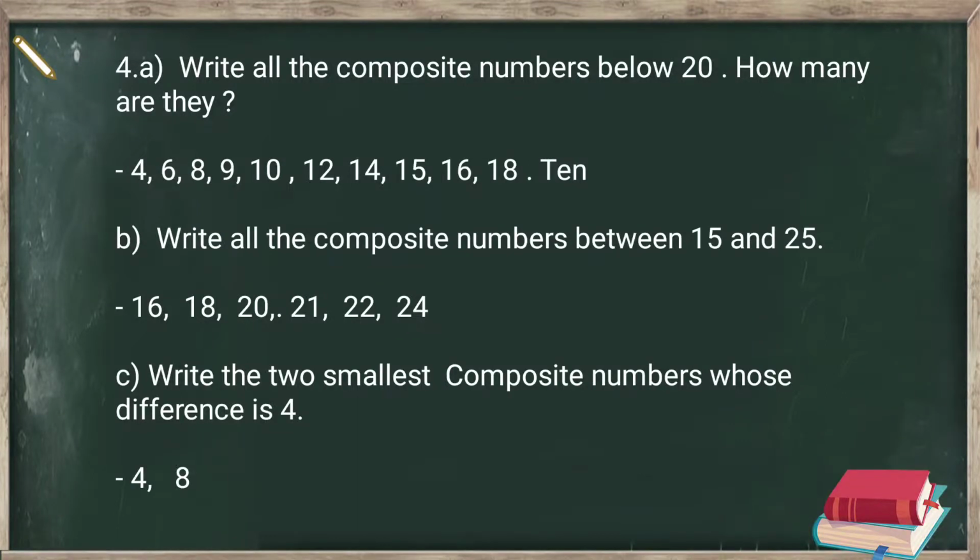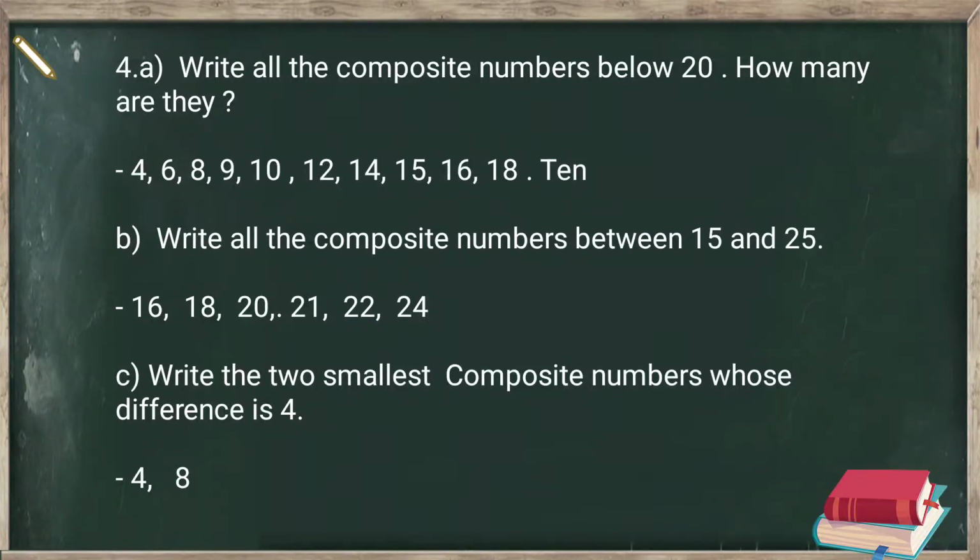Difference 4 means when we subtract the two composite numbers, the answer should come 4. When we talk about the smallest composite numbers, 4 and 8, when we subtract 4 from 8, the answer we get is 4. So the two smallest composite numbers whose difference is 4 are 4 and 8.